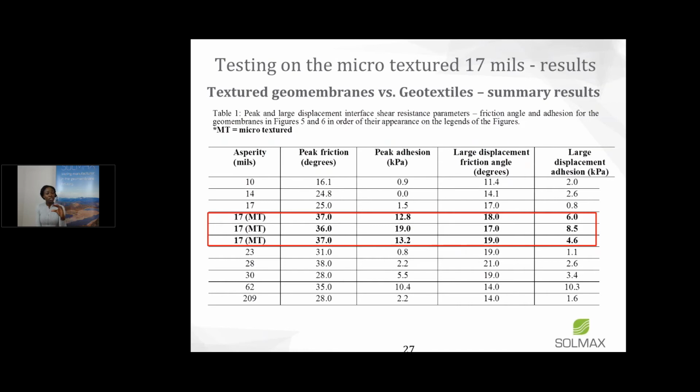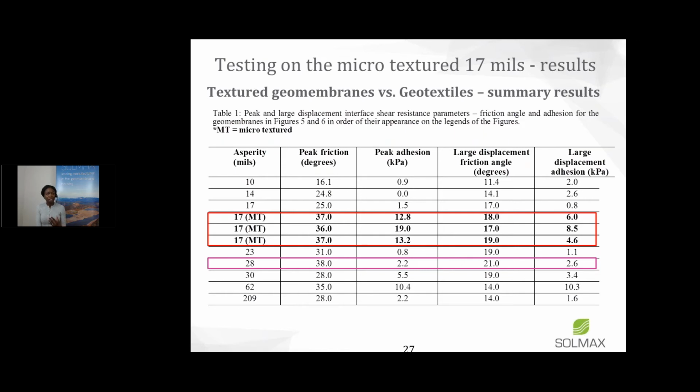We can see the microtextured or microtexturing process in the middle there, being able to achieve as high as what you might achieve with a 28 mils asperity in contact with a geotextile surface. Even the adhesion for the peak and for the residual were pretty similar as well.